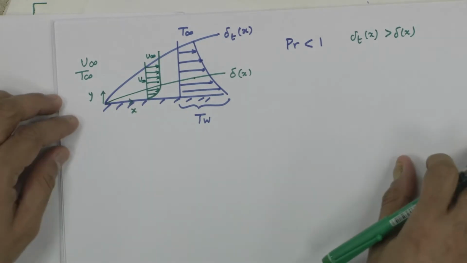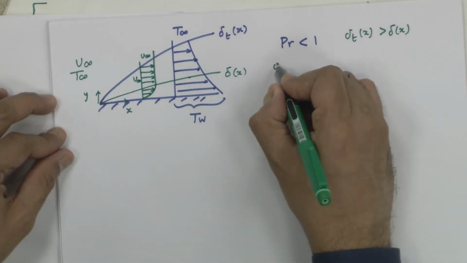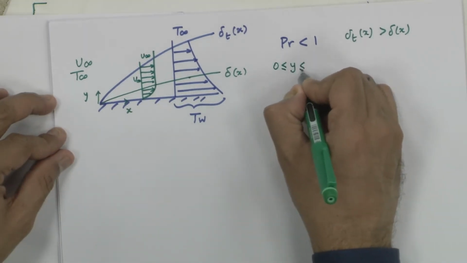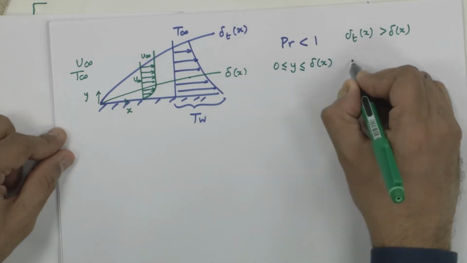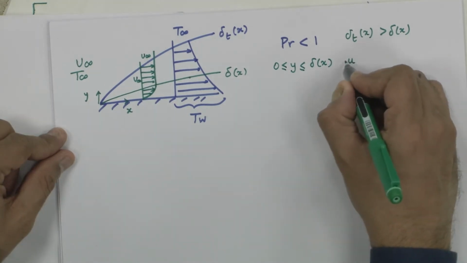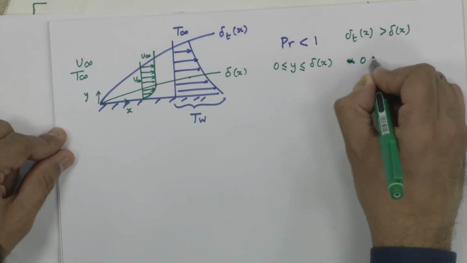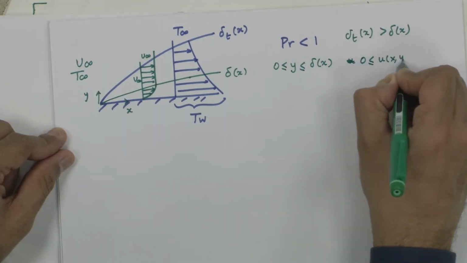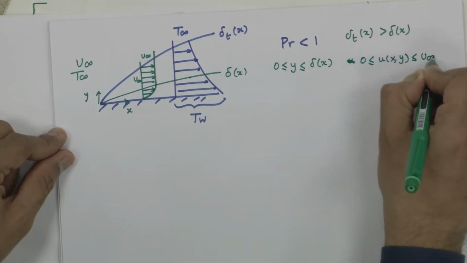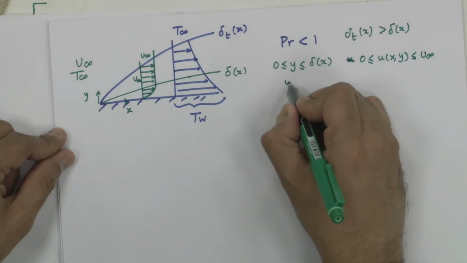So, if I have to write similarly, 0 less than y less than or equal to delta x, u is going to vary between 0 and u infinity.